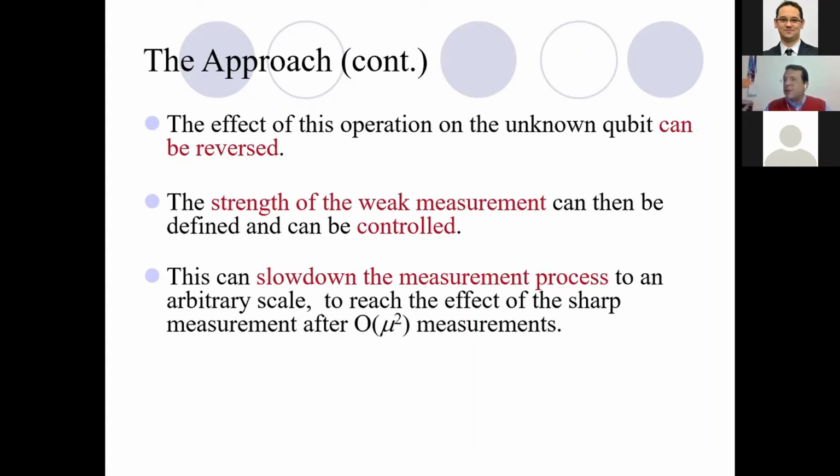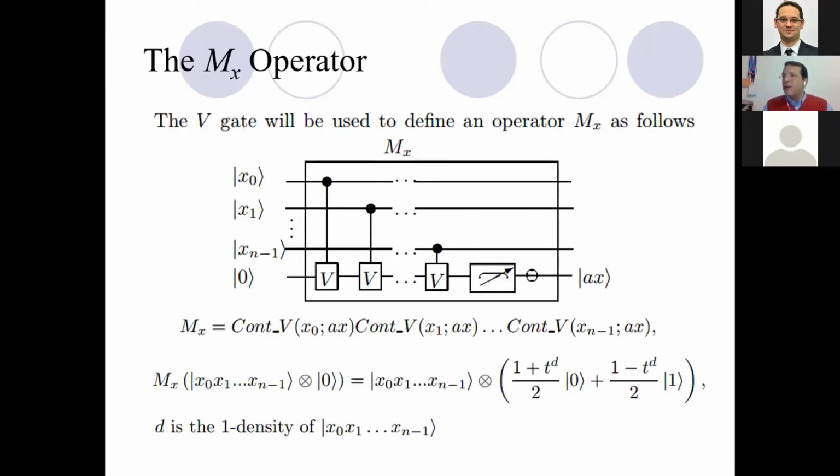This can be done using this free parameter here, mu. We will show now the importance of this free parameter, which you can change as you wish. You can adjust your algorithm, adjust your measurement process using this mu operator. So let's see how we can do this.